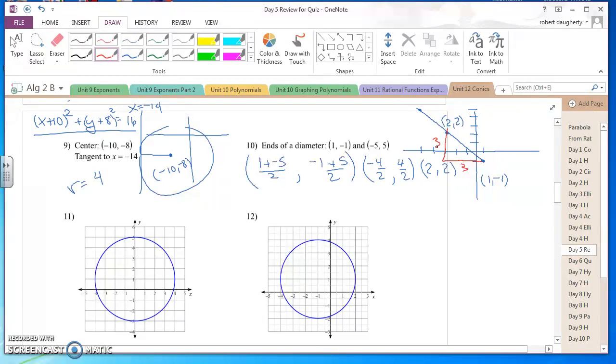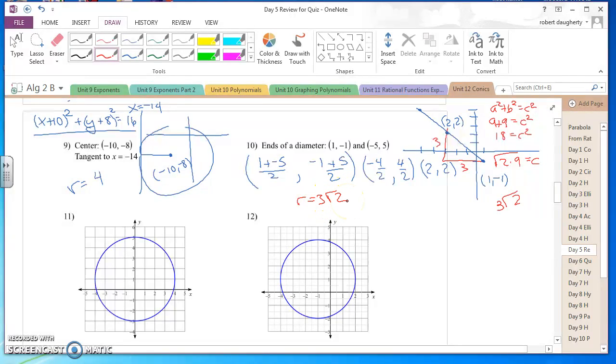And so I need to figure out this side from the Pythagorean theorem. a squared plus b squared equals c squared. So 9 plus 9 equals c squared. That's 18 equals c squared. That's 2 times 9 equals c squared, so c is 3 times the square root of 2. So the radius is 3 times the square root of 2.